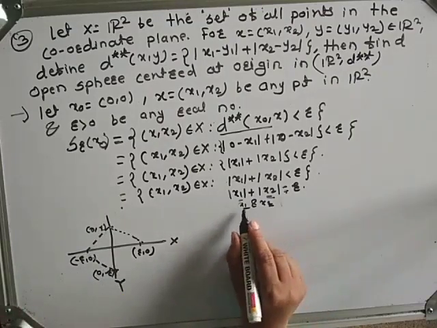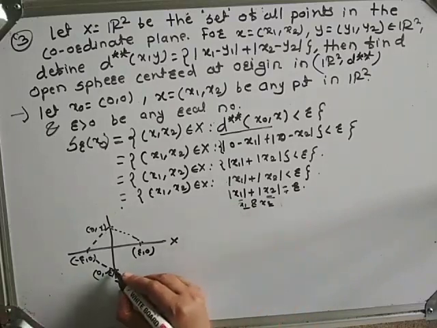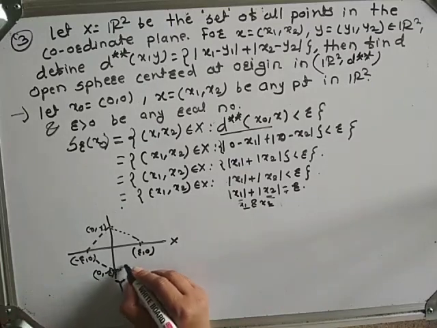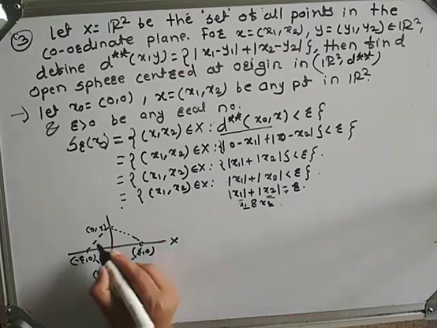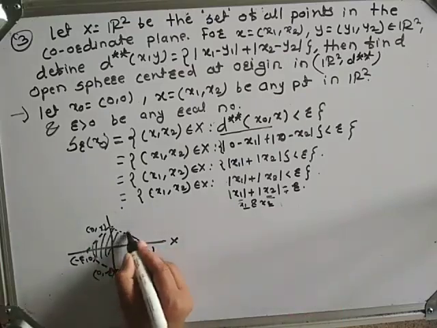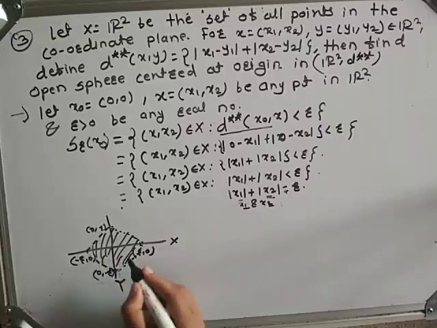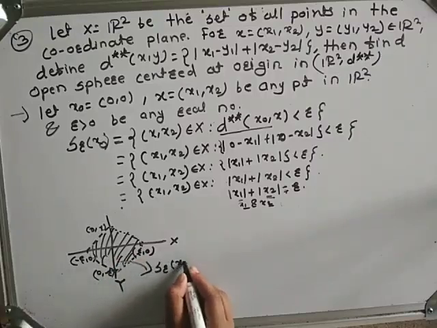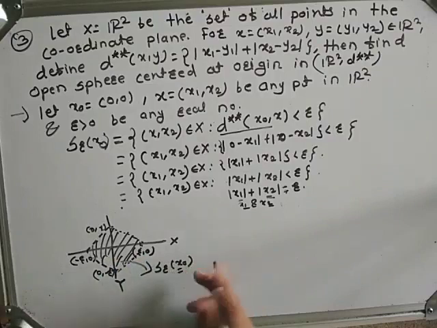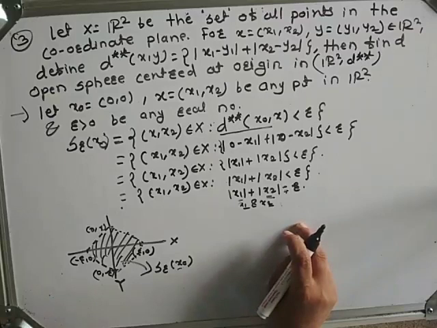When x1 is positive and x2 is negative, then it is a straight line passing through the points 0, minus r and r, 0. This interior region denotes the open sphere centered at x0, that is, centered at origin in R2 d double star.